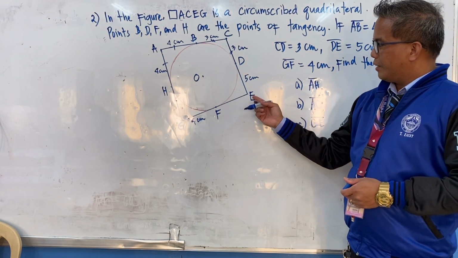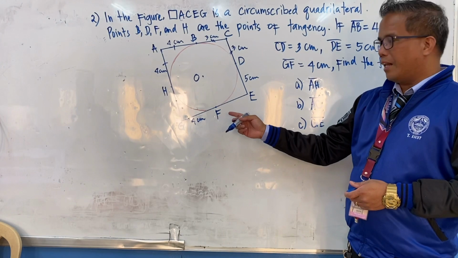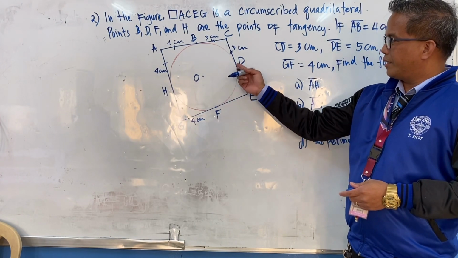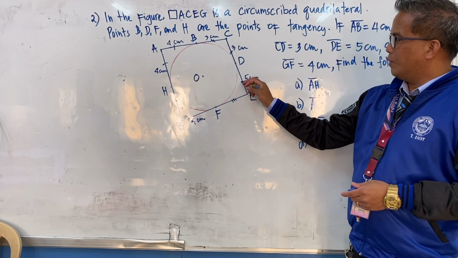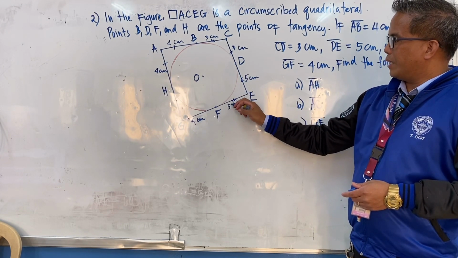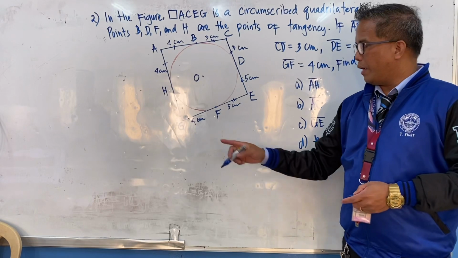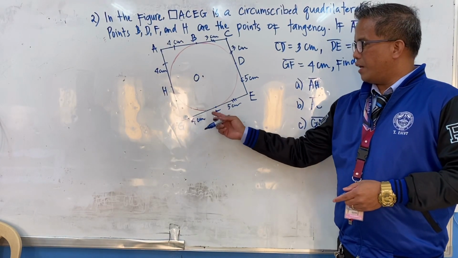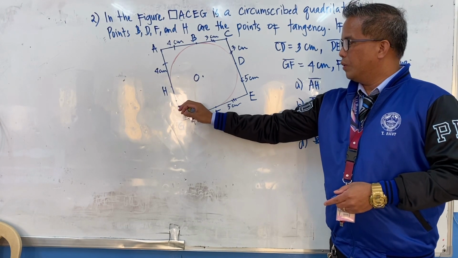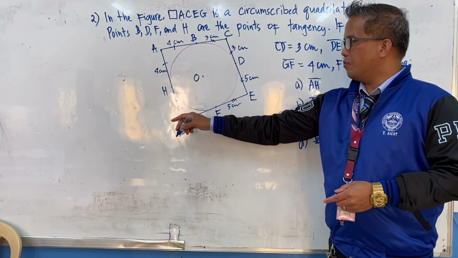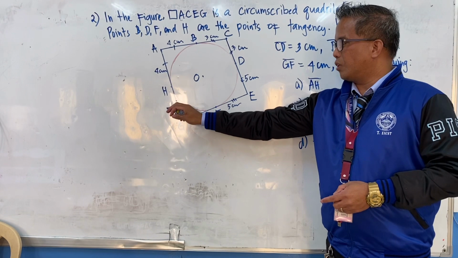Then segment EF, another tangent line. It intersects at exactly one point, so they are congruent. So this is also equal to 5 cm. And the last one we have tangent GF congruent to tangent GH. So this is also 4 cm.